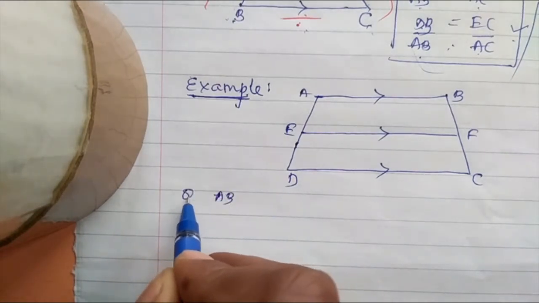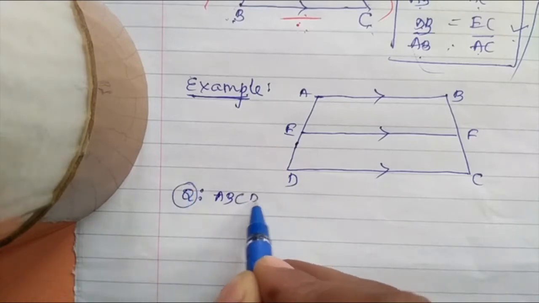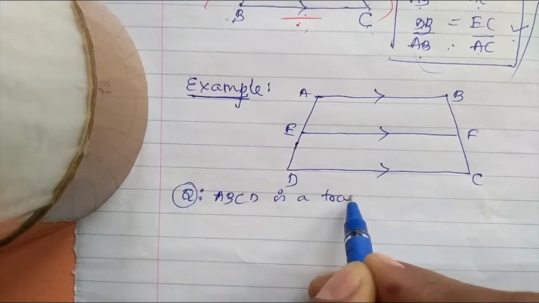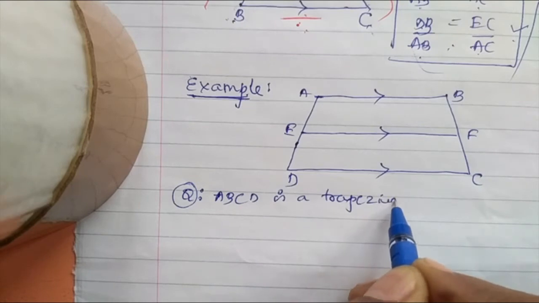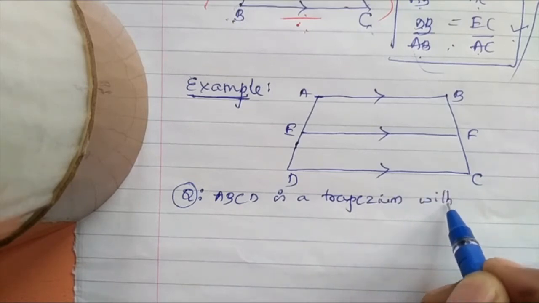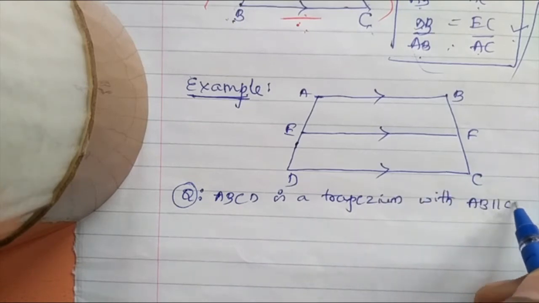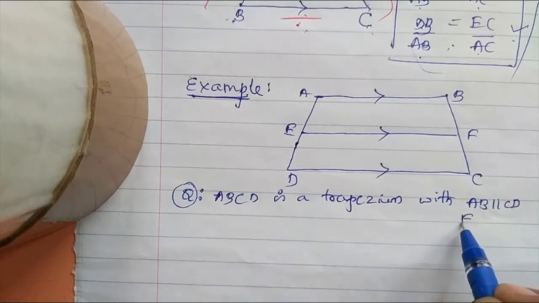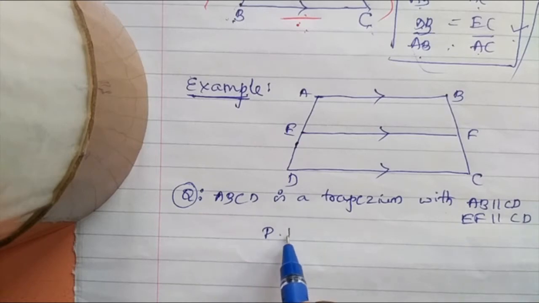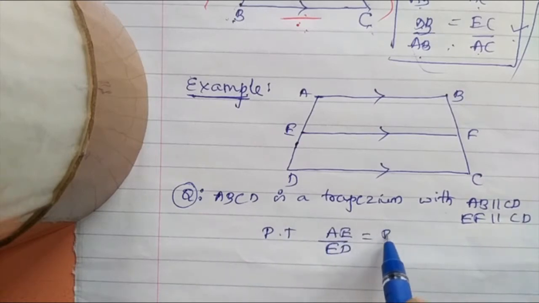In the question, ABCD is a trapezium with AB parallel to CD, EF parallel to CD. Prove that AE by ED is equal to BF by FC.